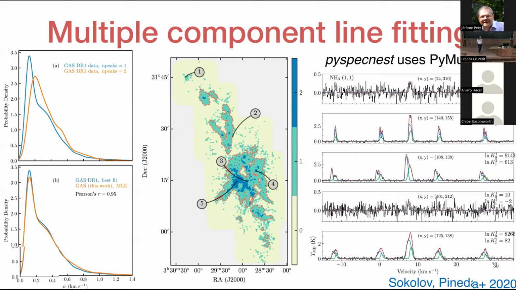Unfortunately, the chemical models, they don't do a good job in getting the right abundances, I would say. So, for example, we compare with some of the models from Oli Sipilä, and we have too much ammonia in the low density phase, which seems to be an issue for the low density phase, and likely not so much for the high density material.